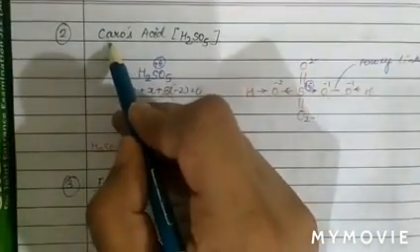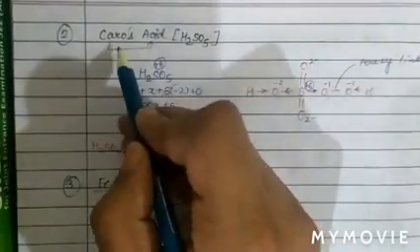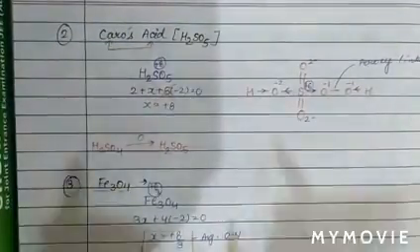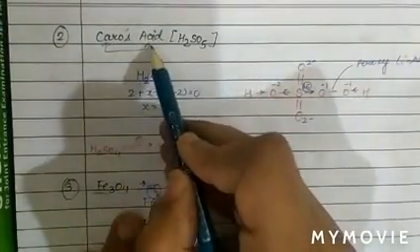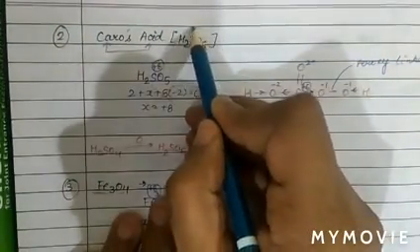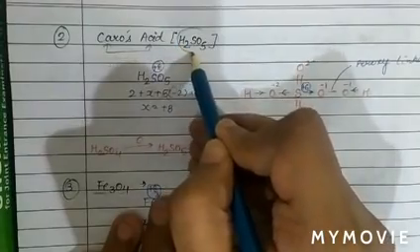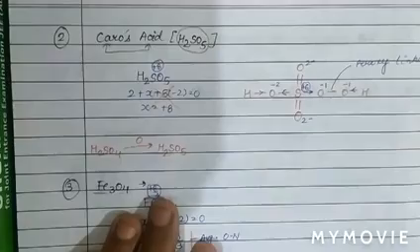See, next question. The next question is Caro's acid. The molecular formula of Caro's acid is H2SO5.